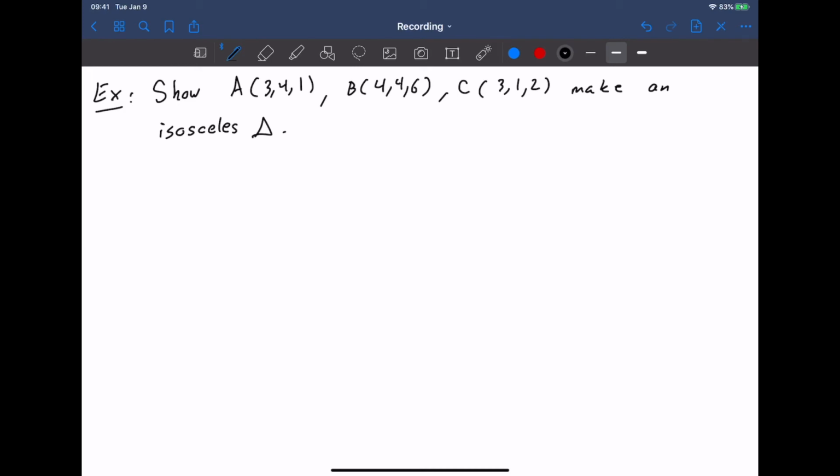So the way we would do this is to recall the definition of an isosceles triangle, and to show that it's an isosceles triangle, you'd have to show 2 sides are equal in their length. So you would just start computing some lengths here, and why don't you try it out? Find the length of AB, find the length of AC, and find the length of BC. Go ahead. I dare you.